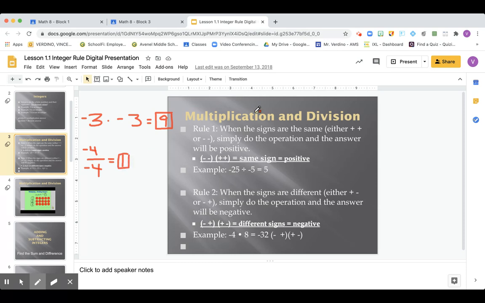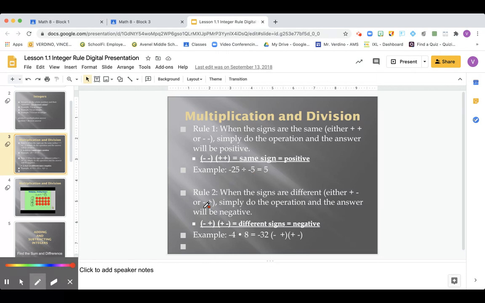Now, on the flip side of this, if you had a +3 times +3, if the rule is true, they're both positives, you will get a positive answer. Notice how your answer doesn't change. If you had +4 divided by +4, they both have the same sign, they're both positive, you will get a positive 1. Now, that's rule number 1.